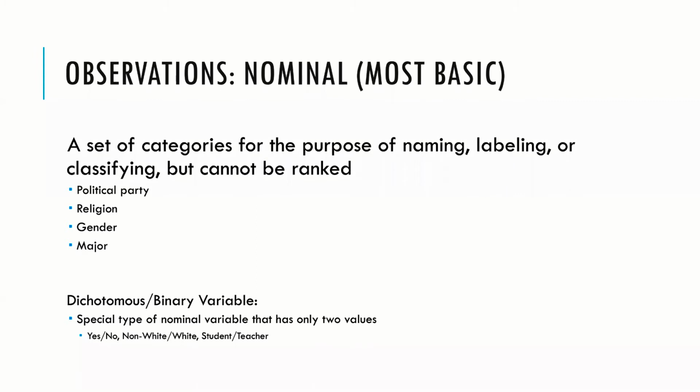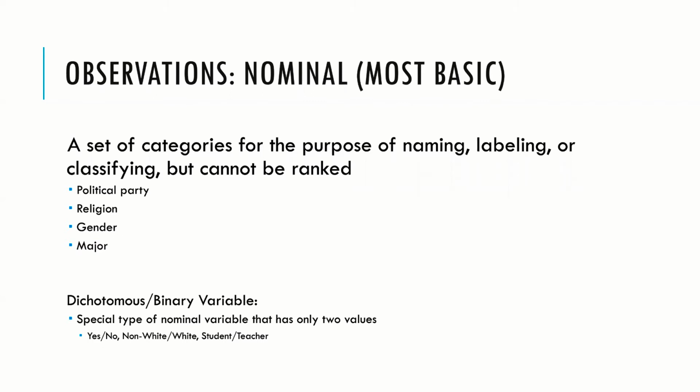The attributes are just categories for the purpose of naming or labeling or classifying. So if we think of these variables: political party, religion, gender, college major, right? These are nominal variables. They are nominal variables because all you can do is place somebody within a given category or a given attribute within that variable.